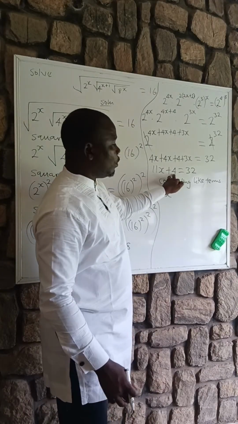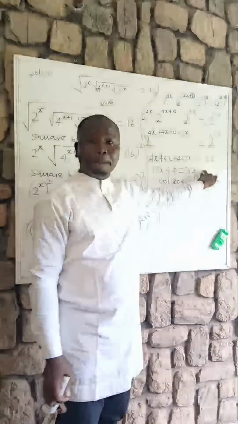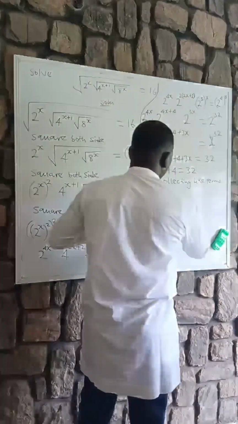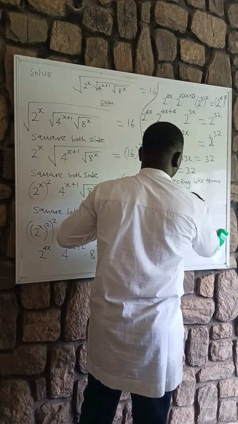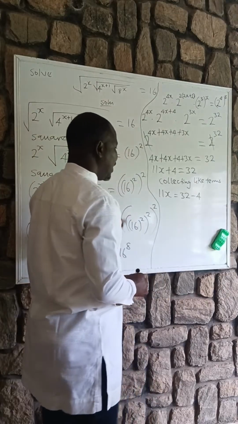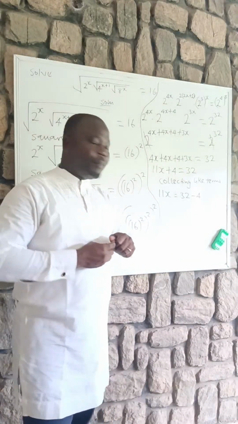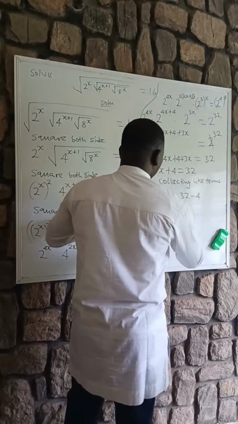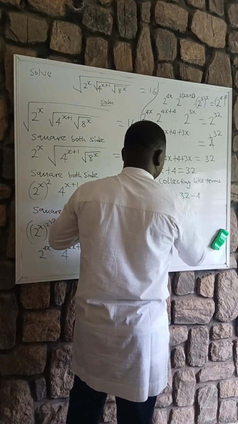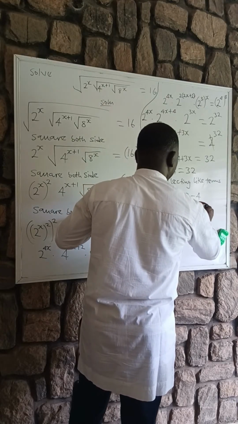If plus 4 crosses the sign of equality, it becomes what? Minus. So here will now be equals 32 minus 4. Amen? Yeah. 32 minus 4. It means we are going to have 11x equals what? 28.